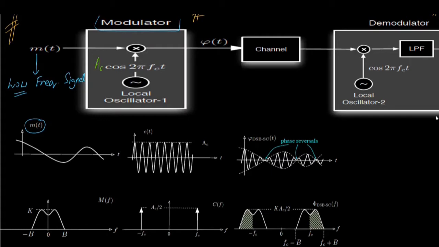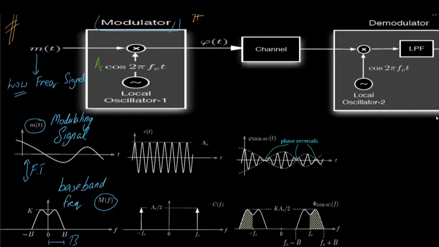If we take the Fourier transform of this signal, we would have M of f, and the bandwidth is B hertz. So in short, this is our modulating signal, which is in the baseband frequency.